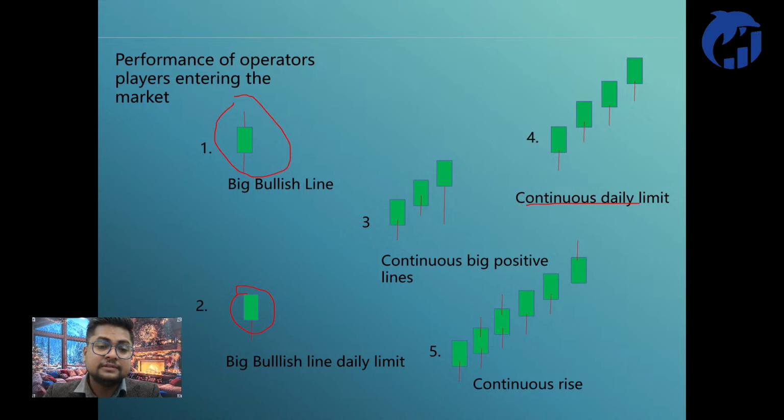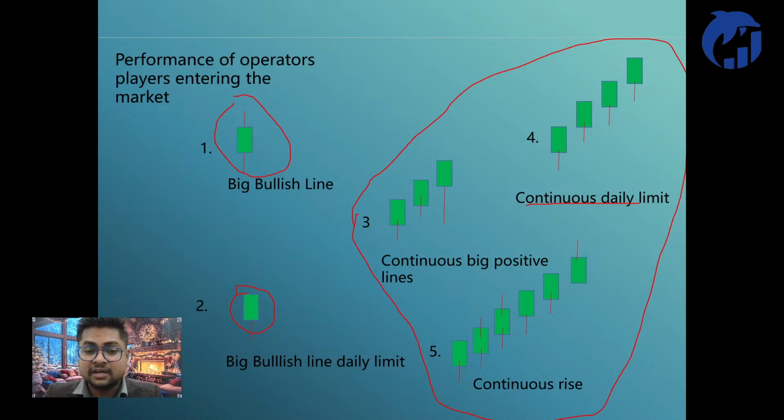These three show the continuity part, where you can have assurance that if these three occur, the continuous big positive line or daily limit is increasing on a regular basis. Just look here, and we will understand the presence of main force.